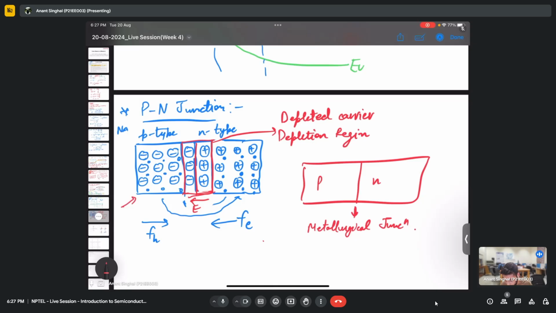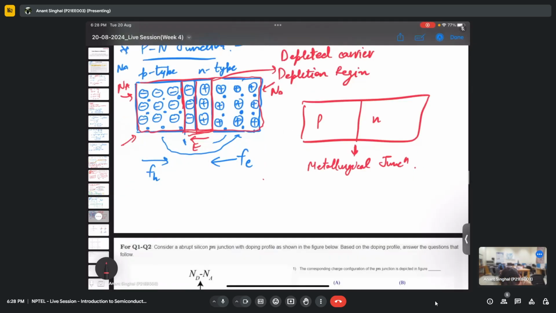It is important to note that this entire box is a single semiconductor bar in which one region is doped with Na, that is, a P type impurity, and the other side is doped with Nd to form the P type and N type regions. This interface separation is referred to as the PN junction, or, in simple words, a step junction.